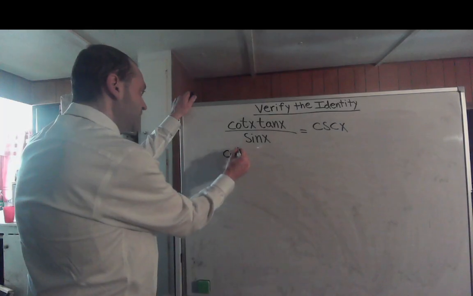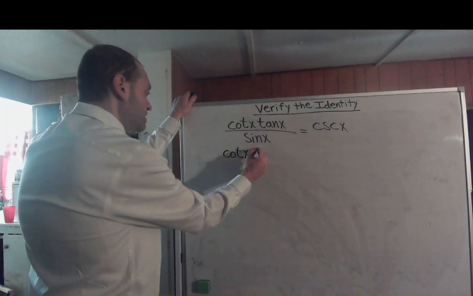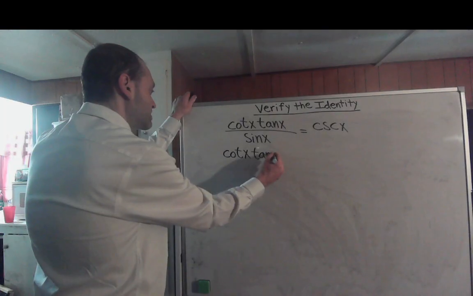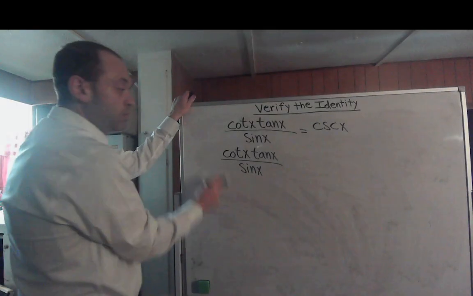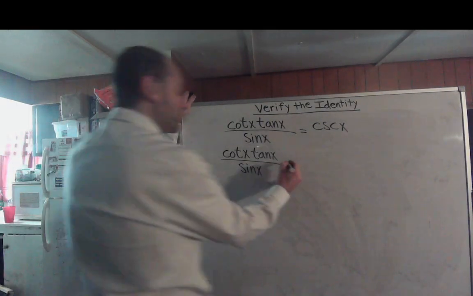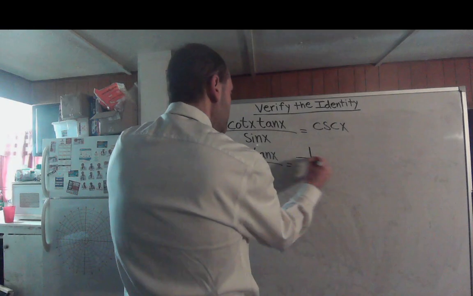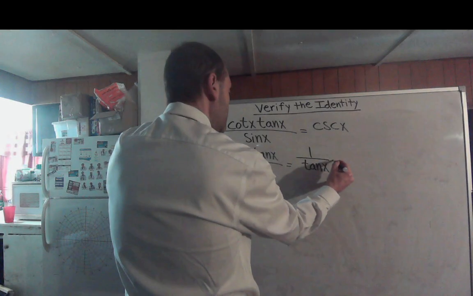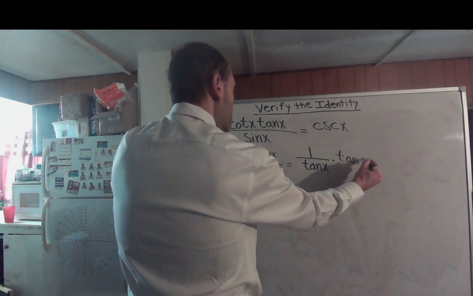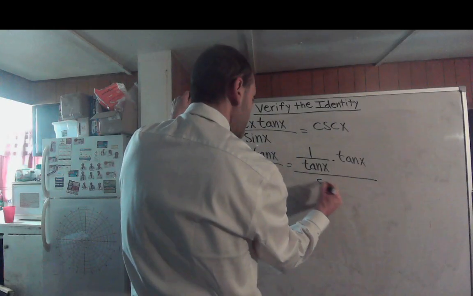We have the cotangent of x times the tangent of x all over the sine of x. Okay, so what is cotangent? That's simply 1 over tangent, right? This would be the same as 1 over tangent of x times the tangent of x, all that all over the sine of x.